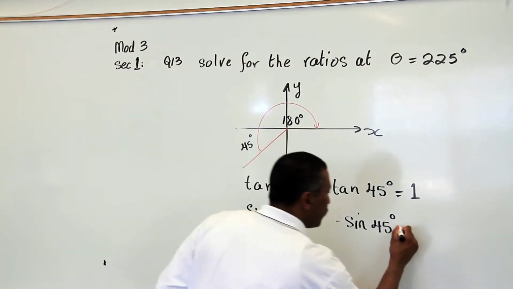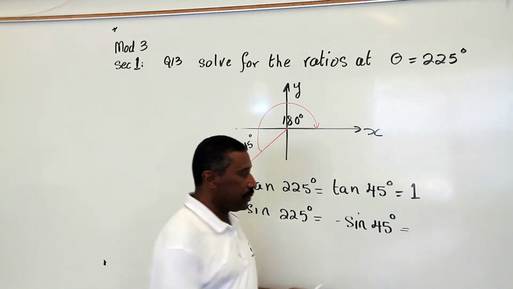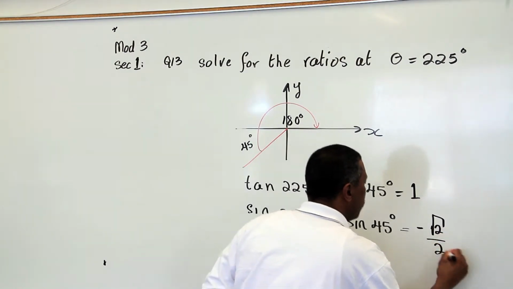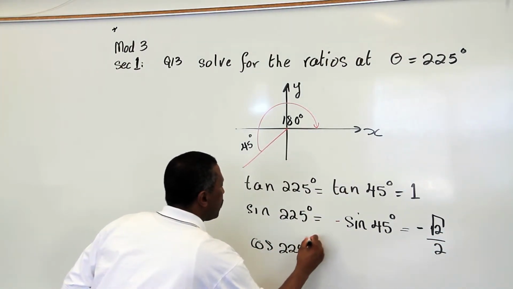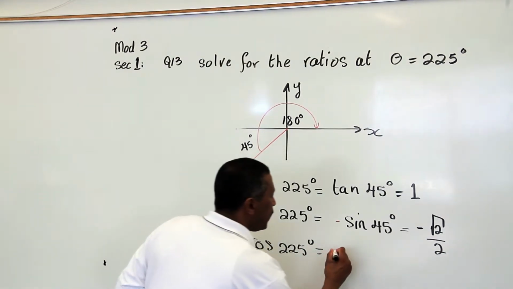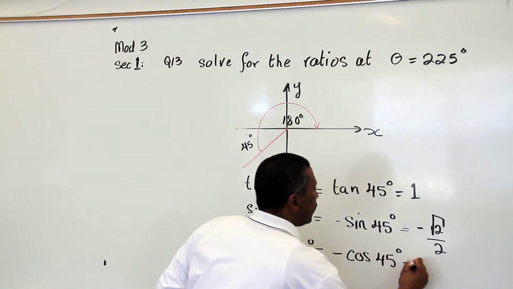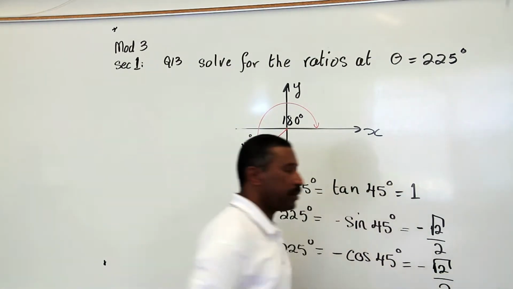And so, using your special angles again, from the trig ratios, this would be minus square root of 2 over 2. And similarly, cos 225 degrees in the same quadrant would be negative cos 45 degrees, and also giving you minus root 2 over 2.